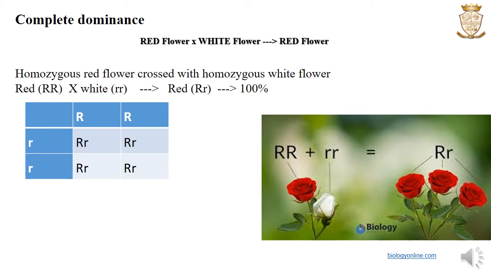The result is shown in the Punnett square here, where a homozygous red flower, capital RR, when crossed with a homozygous white flower, small rr, resulted in a heterozygous flower, capital R, small r, which will have the dominant characteristic, dominant red color.